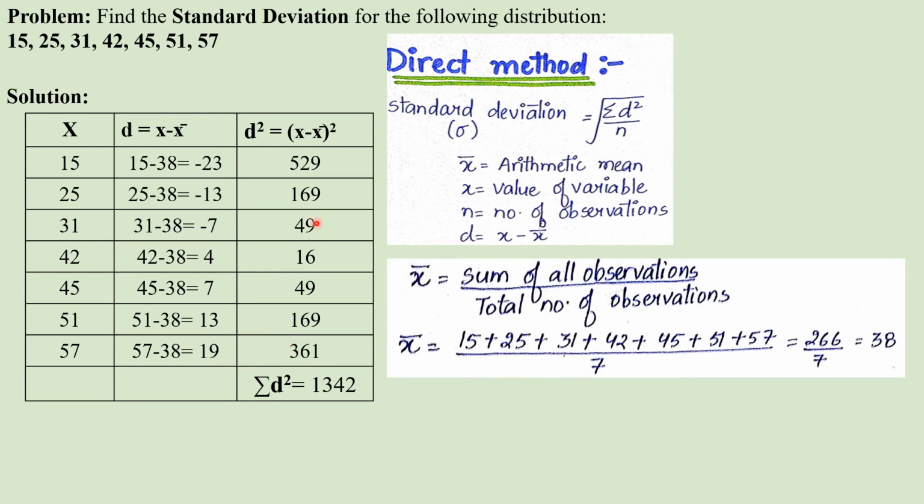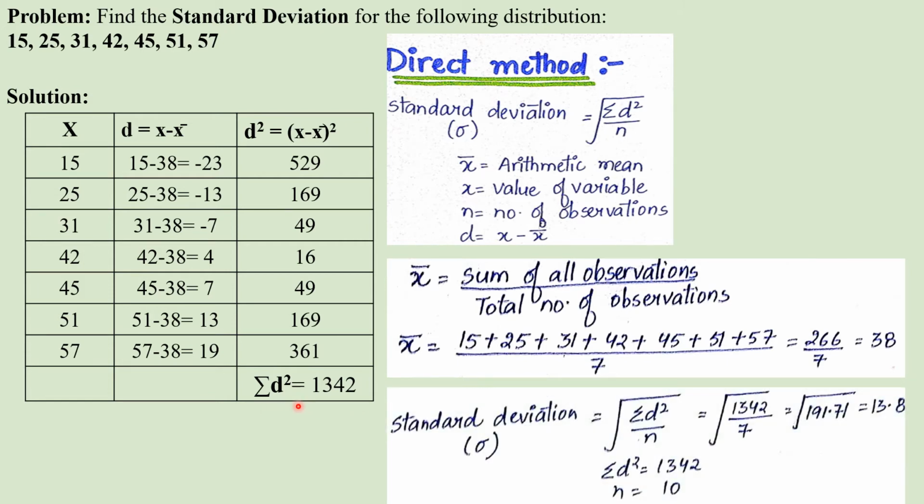Now find out sigma d square, which is calculated by adding all the values of d square. So 529 plus 169 plus 49 plus 16 plus 49 plus 169 plus 361 is 1342. So sigma d square is 1342.